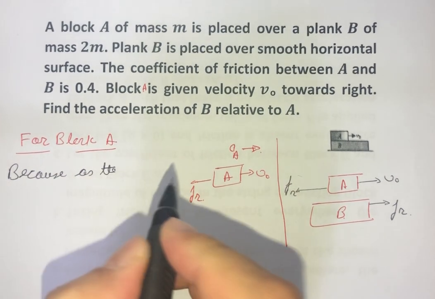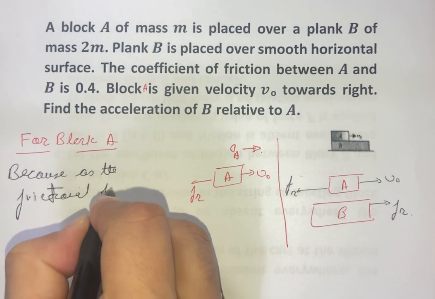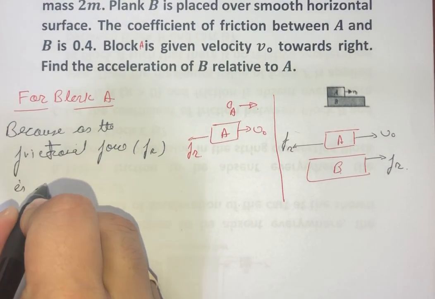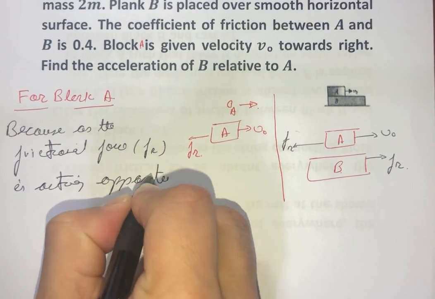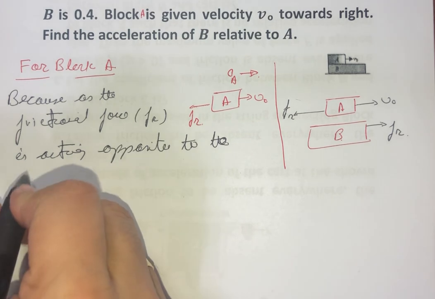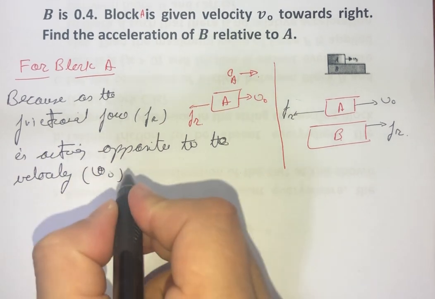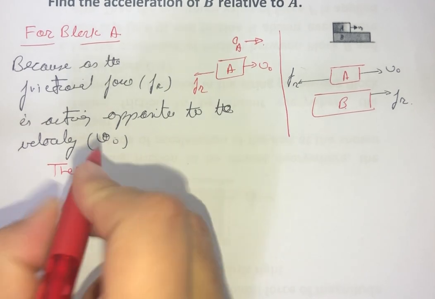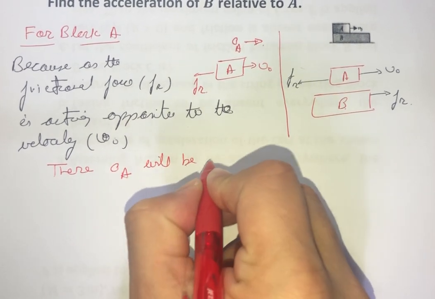You can see, because the frictional force Fr is acting opposite to the velocity v0, therefore aA will be retardation.